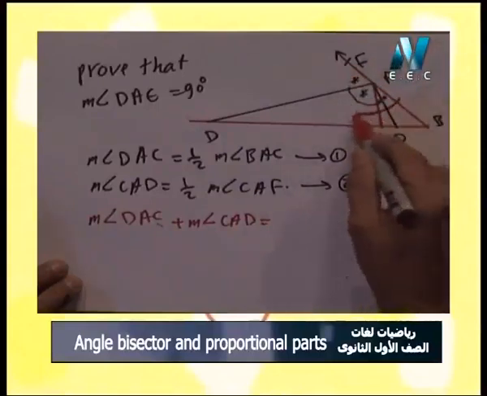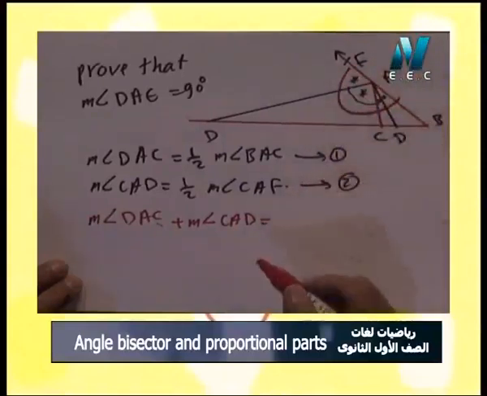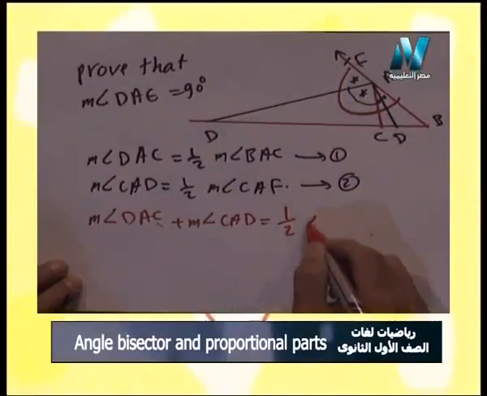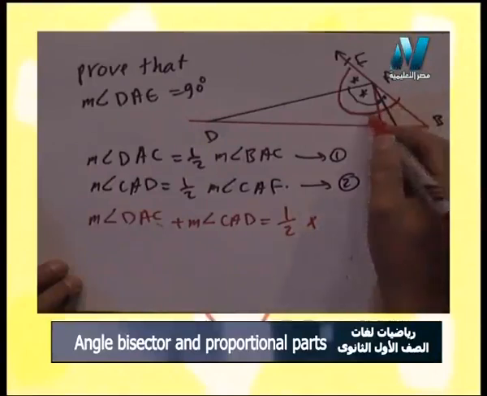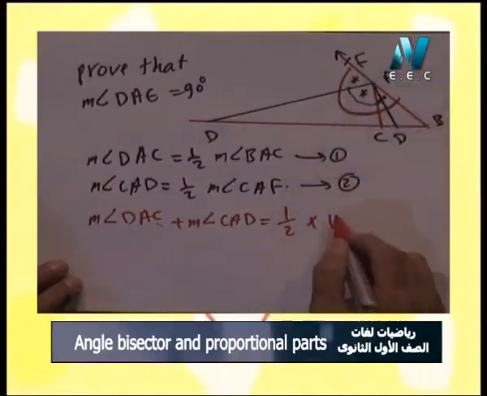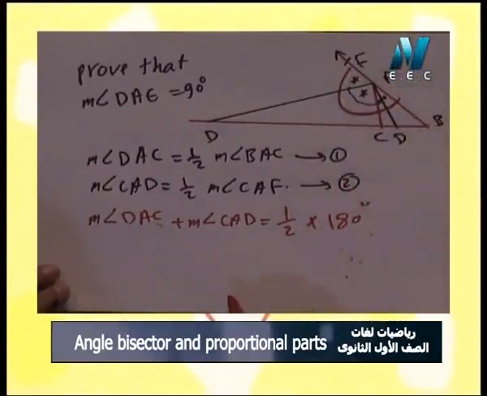What is this? This is a straight angle. We know that its measure equals 180 degrees. So half of 180 equals 90 degrees.